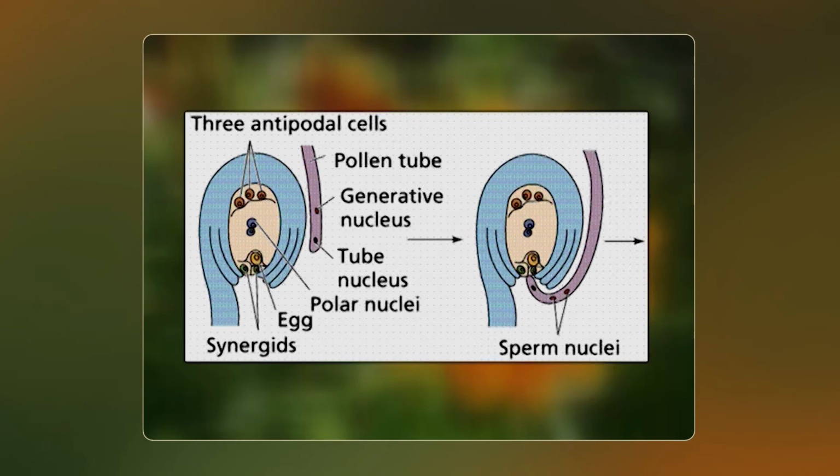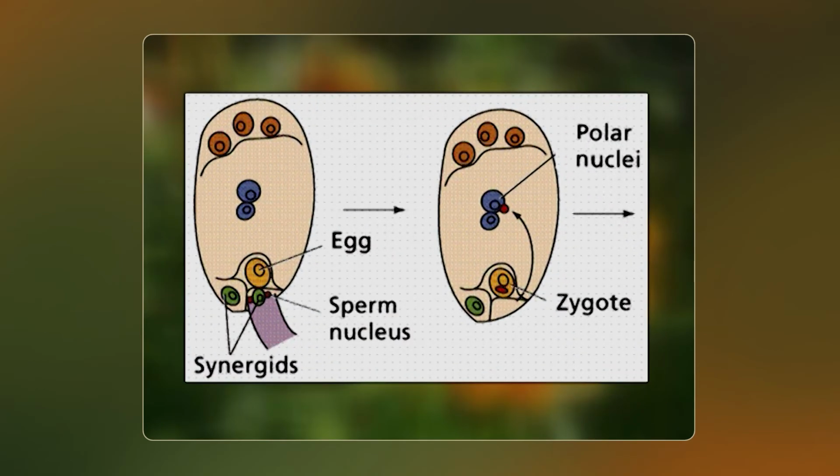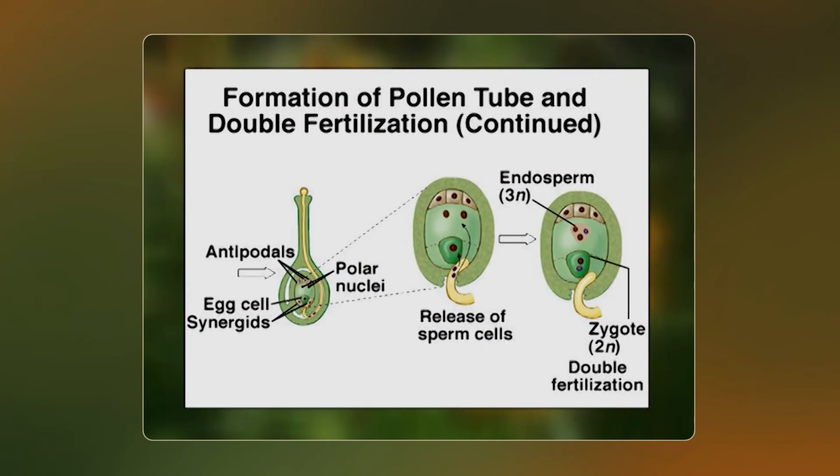The synergid which receives the pollen tube appears to be predetermined, as it starts degenerating well before the arrival of the pollen tube. After arriving in the synergid, the pollen tube ruptures and releases its contents, which include two male gametes or sperm cells. These two gametes are involved in the act of double fertilization.